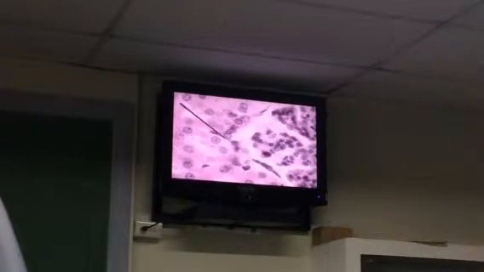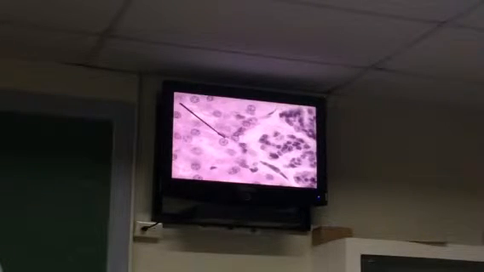You have the renal glomerulus and your Bowman's capsule, parietal layer, and this part is your vascular pole and your urinary pole. Why urinary pole? Because the renal tubule has parts also.